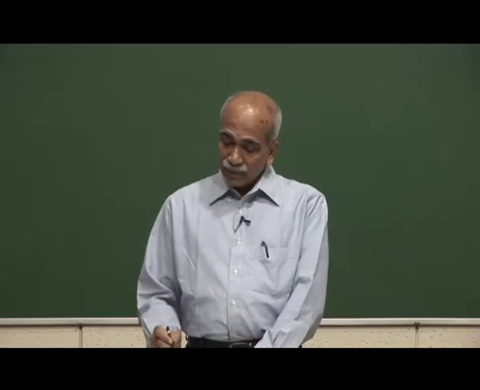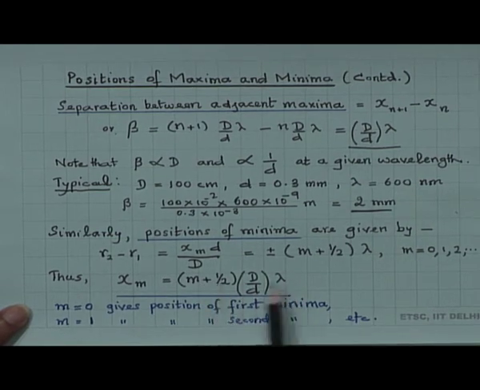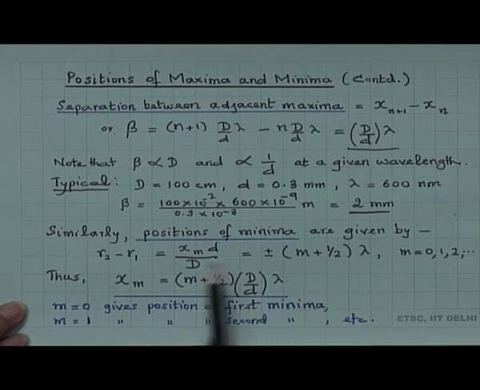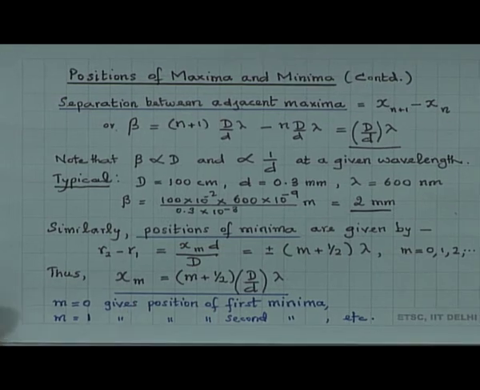When m is equal to 0, there is a path difference which is lambda by 2, and therefore m equal to 0 gives the position of the first minima, m equal to 1 gives the position of the second minima, and so on.